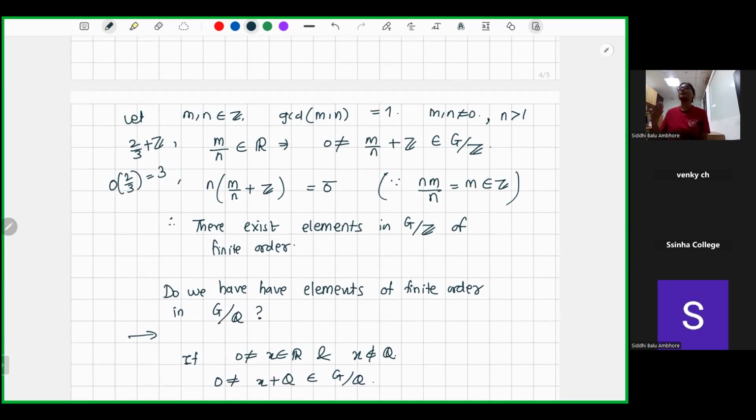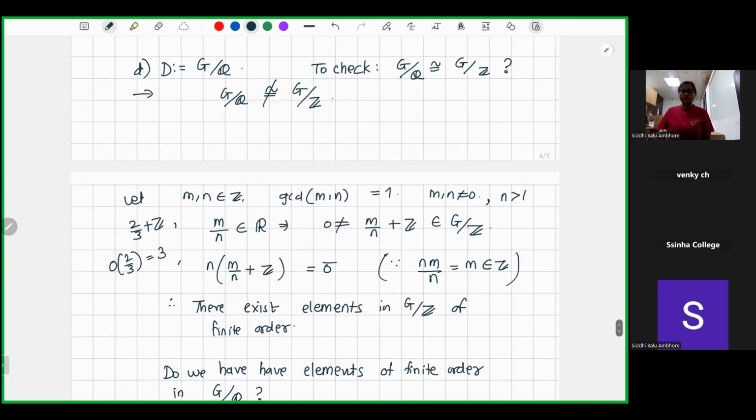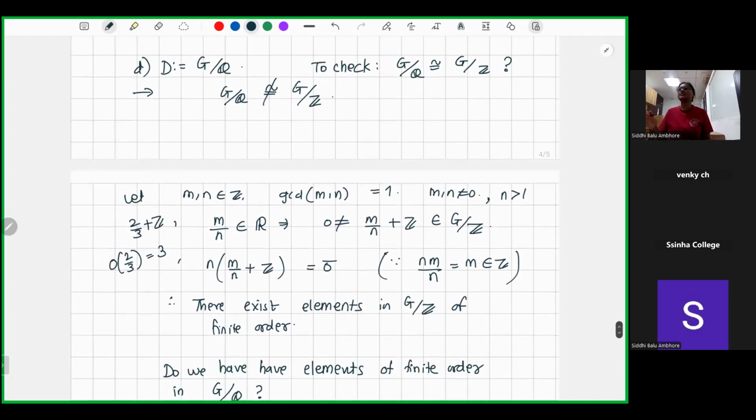For example, take 1 by p. There are infinitely many prime numbers, so I have infinitely many elements of finite order. 1 by p will have order p. Or forget about prime numbers, 1 by n will have order n in G quotient Z.